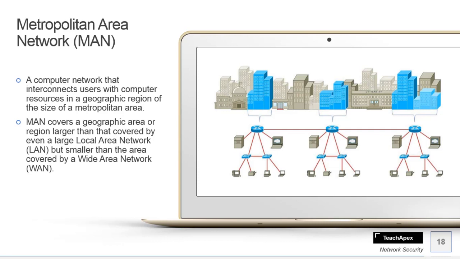All right, in a MAN, basically two or more LANs are connected to each other through a telephone exchange line, right? It can be used in airline reservations or colleges within a city. All right, so this is known as Metropolitan Area Network.